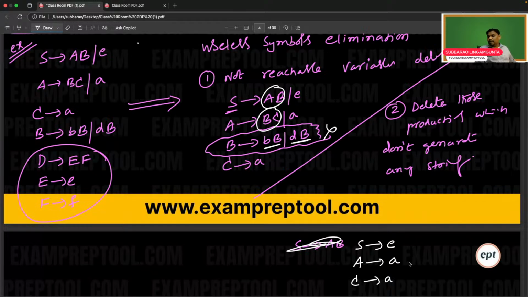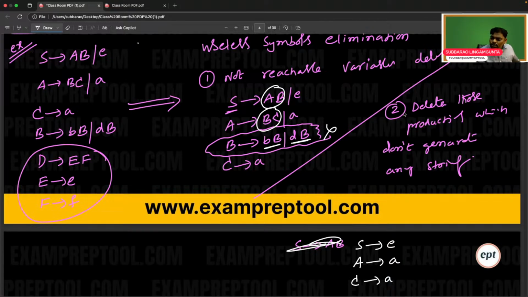But here is an interesting observation. From the start symbol, there are a few symbols which are not reachable. So remember everyone, when you are doing useless symbol elimination, the first step is to eliminate those productions which cannot generate any string.